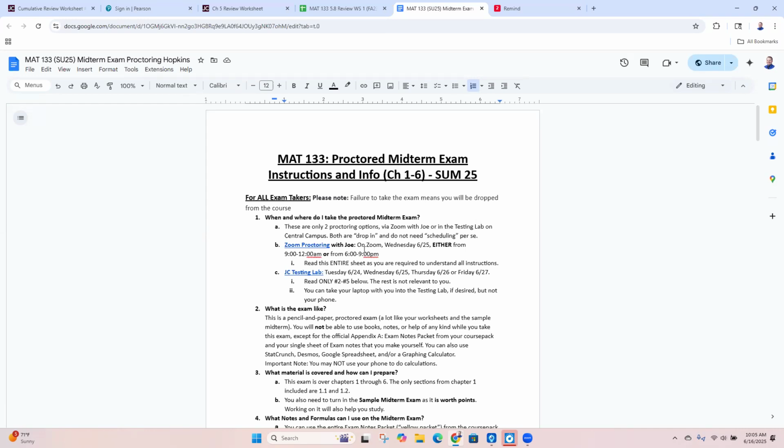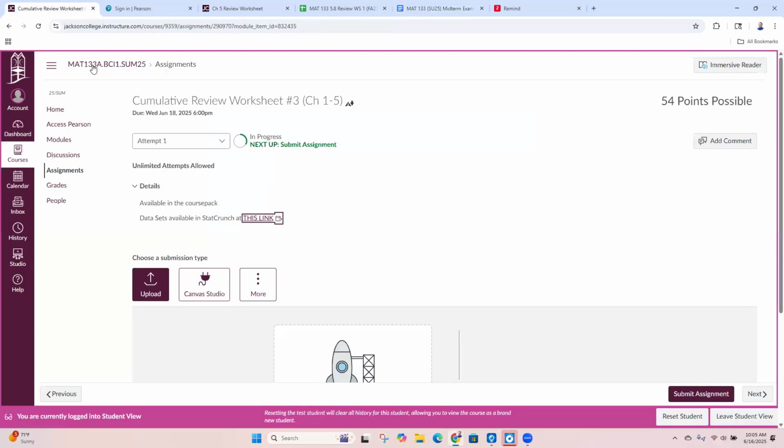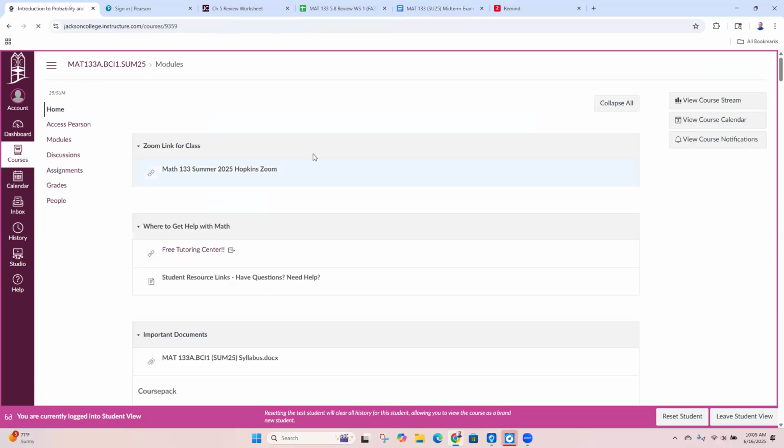So it's not too bad. Most everyone is going to be able to finish the midterm in 2 hours. Our time slot is 3 hours, if you're taking it with me. If you feel like you're going to need more time, then you'll want to take it at the testing center. But it's 9 pages versus the sample midterm, which we already mentioned is going to be much larger, so we'll give you more chances to review.